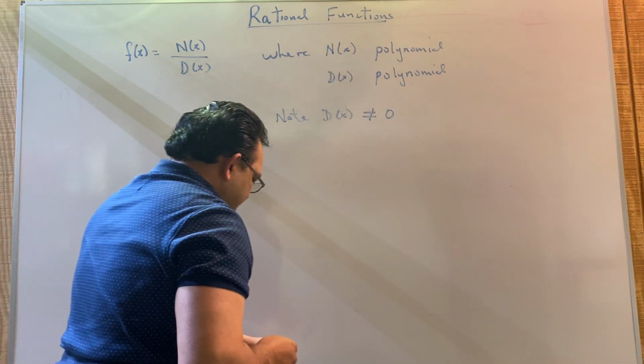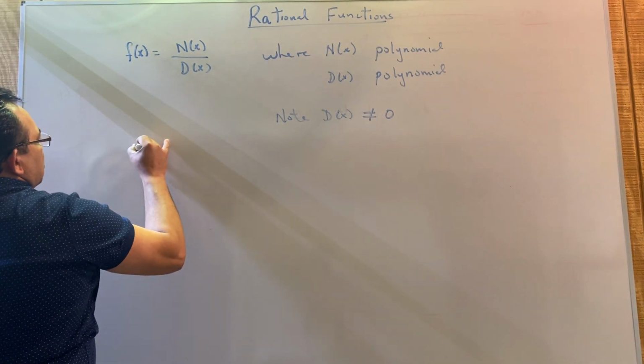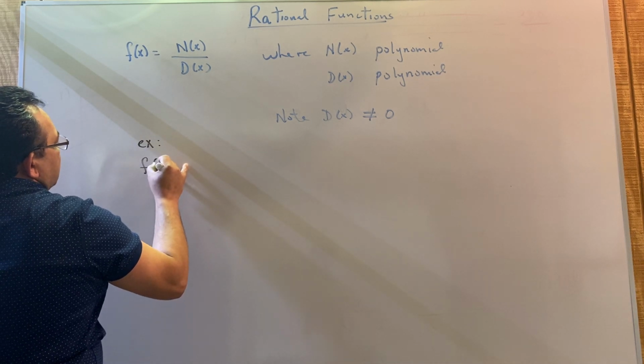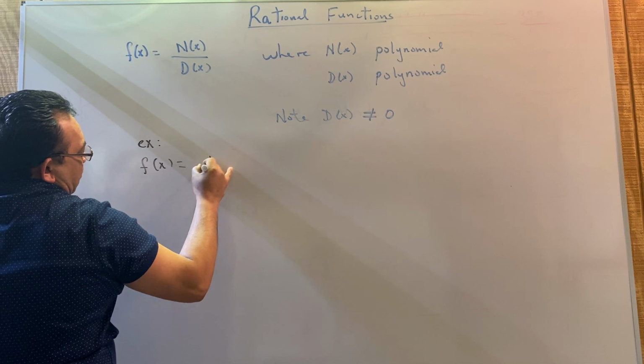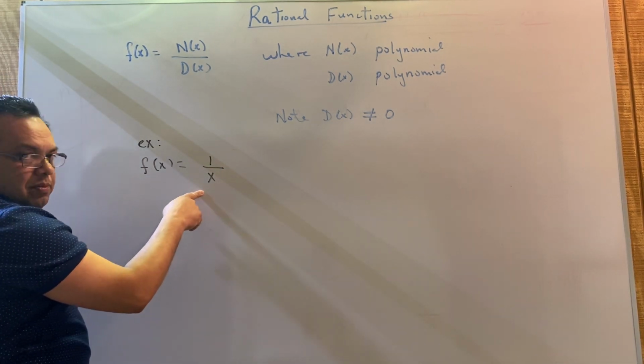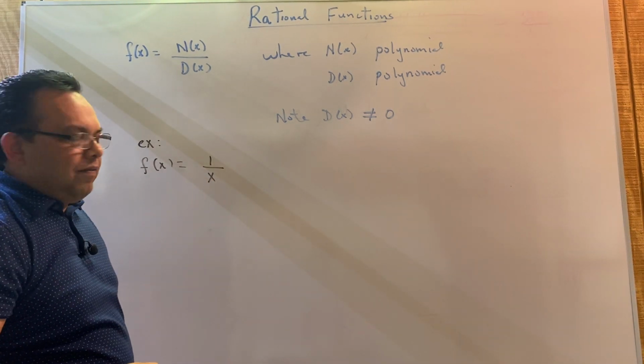Some examples of rational functions are f of x equals 1 over x, where x cannot obviously be equal to 0 because the denominator of any function cannot be 0.